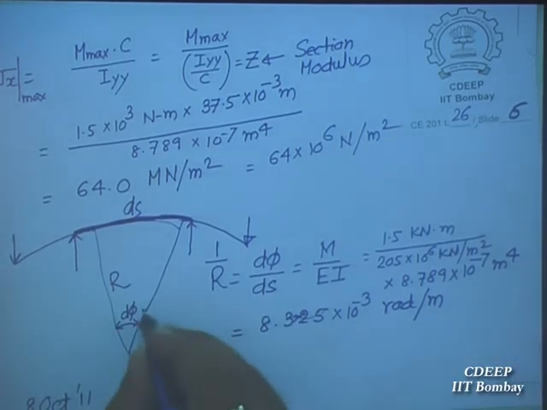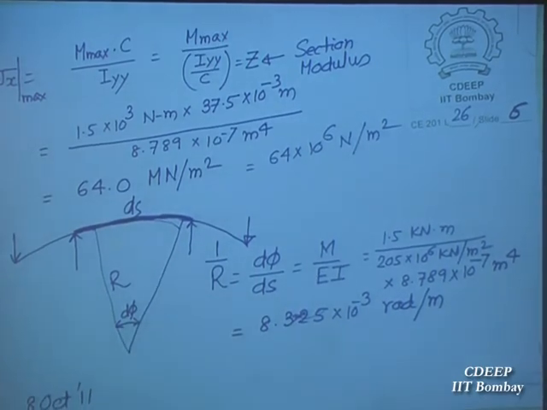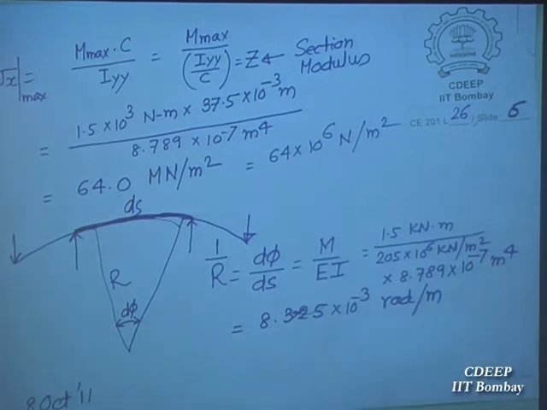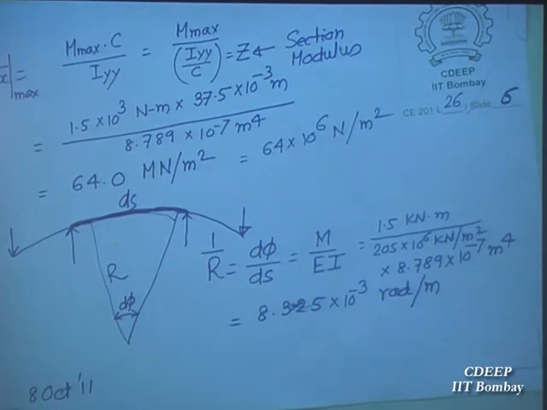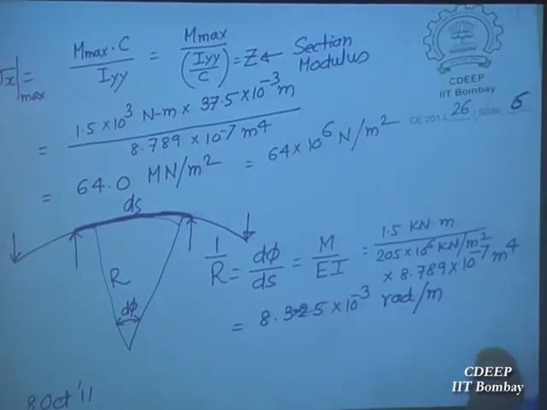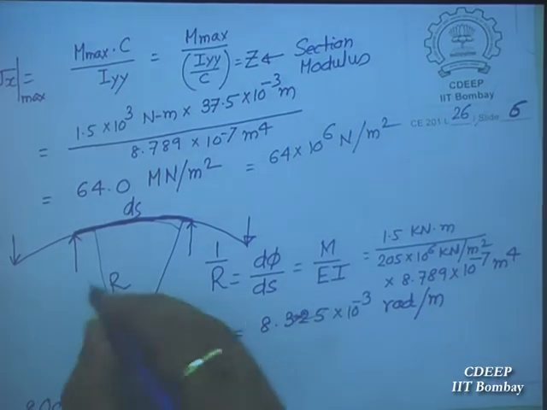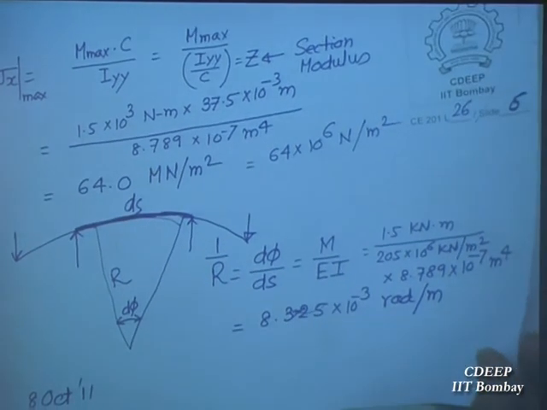Supposing we want to find out what is this value d phi. R is known now, so we can find out. Supposing now we want to find out what is the value of this angle. So R is known, so we can find out this.